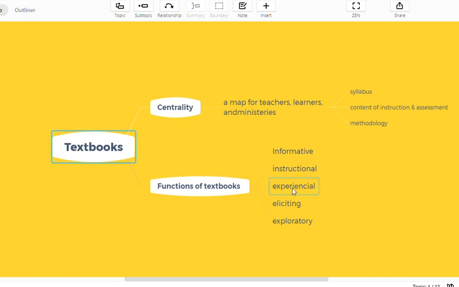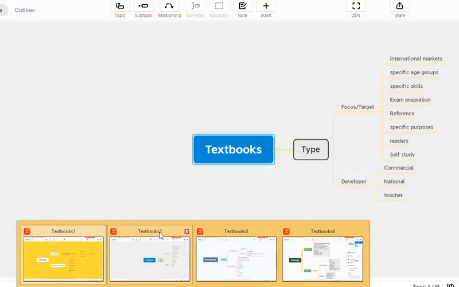Whether the textbooks provide students the opportunity to experience, the opportunity to use, the opportunity to discover about language, so the materials can be classified as high quality materials. Let's go to the next one.